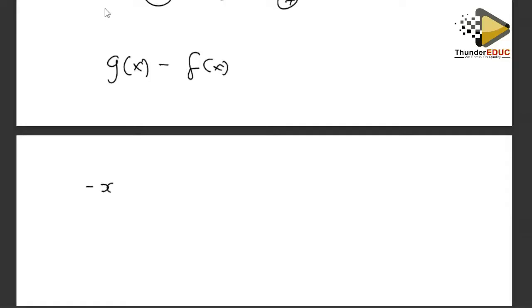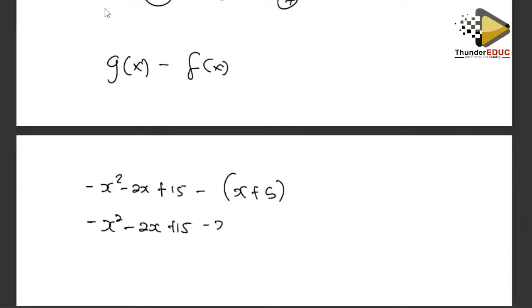G is negative x squared minus 2x plus 15. We are subtracting x plus 5. So it's negative x squared minus 2x plus 15 minus x minus 5. This represents any distance between the two graphs. You can simplify if you want: negative x squared minus 3x plus 10.